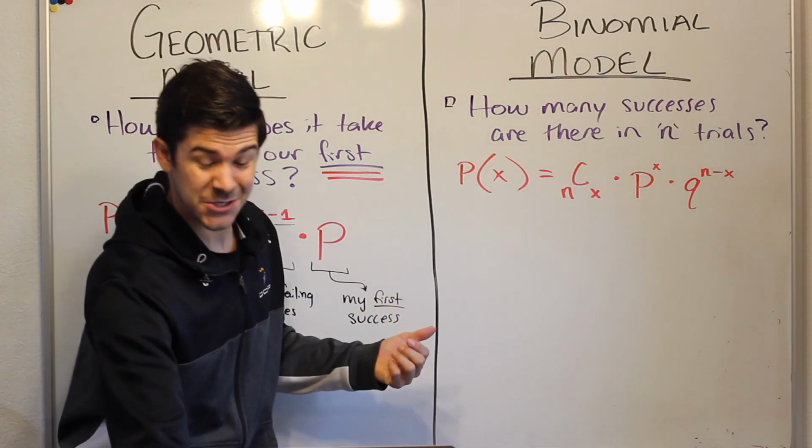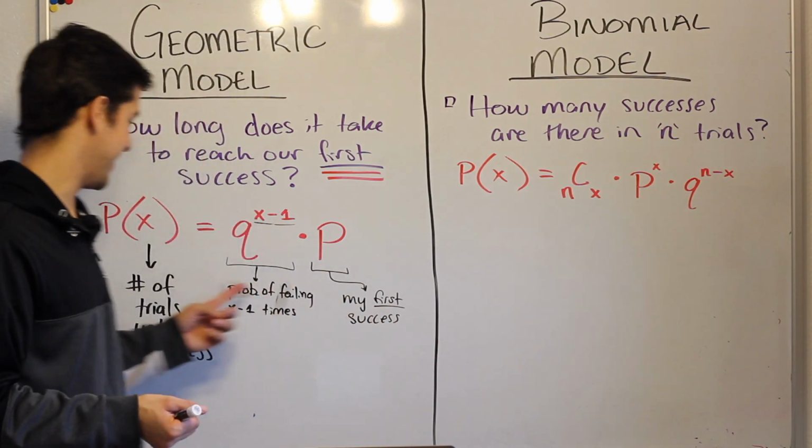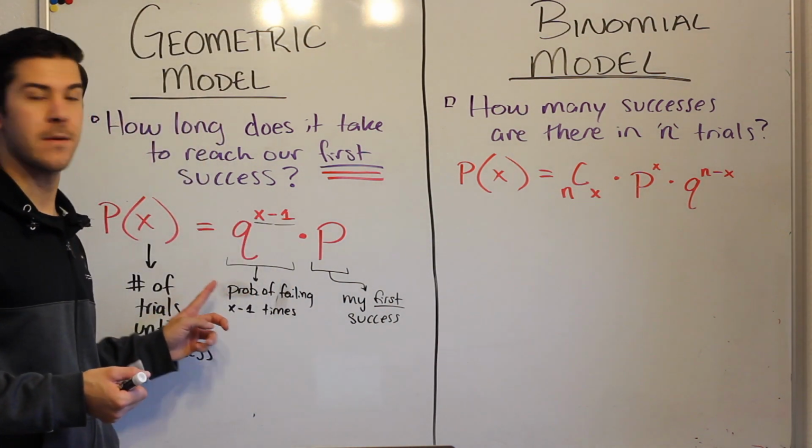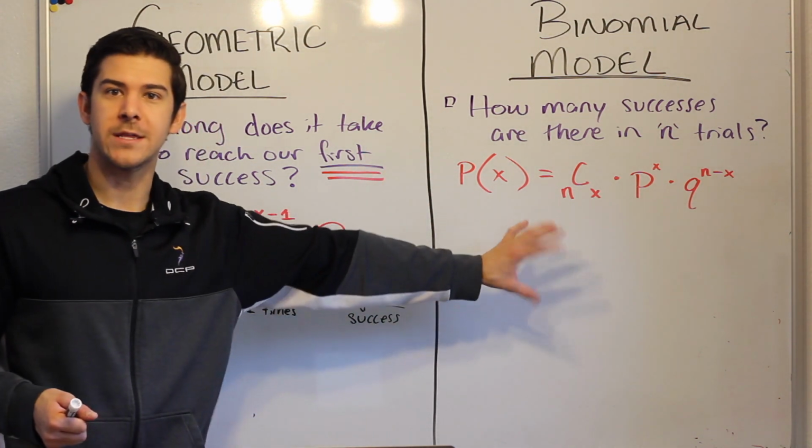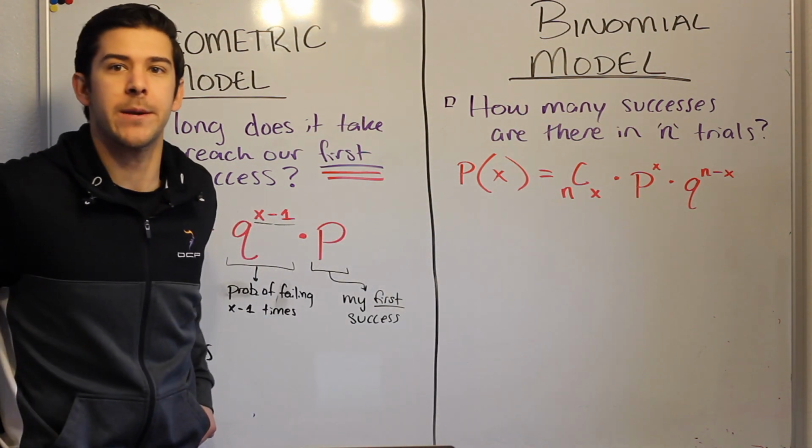This doesn't look as intuitive or as easy to understand as this guy over here. But don't worry, this is not as challenging. So let's break it apart into the different components.